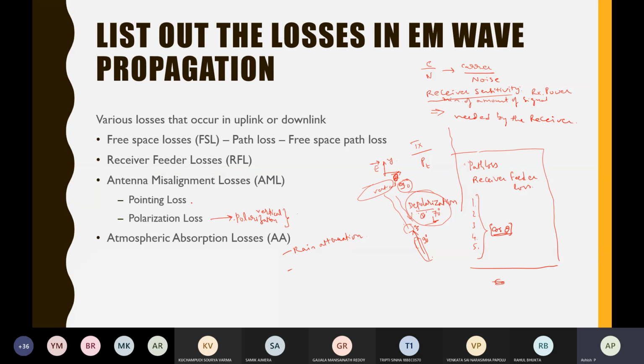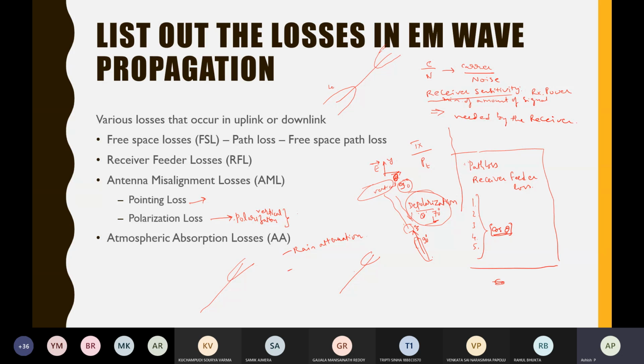Okay. Then pointing loss is like if this antenna is seeing downwards like this, let us first I will draw a line. So the main beam of the satellite antenna is like this, let us say. Then the earth station's main beam should also be pointed towards that direction.